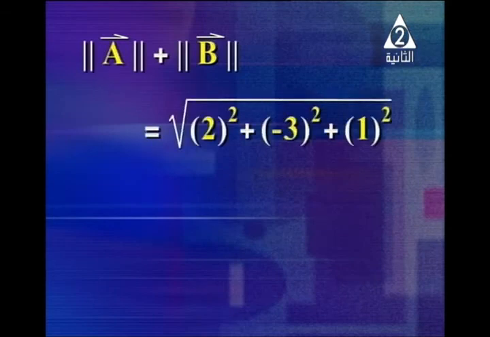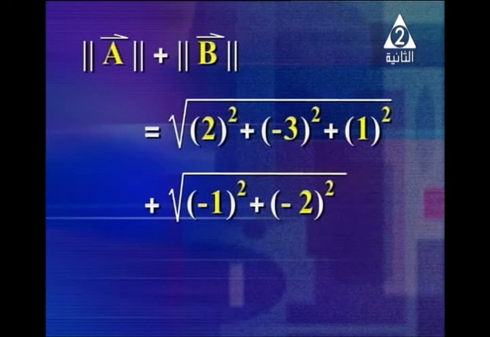Norm A vector plus norm B vector. The norm of A vector means the square root of the squares of each component of A. Also the norm of B vector equals the square root of the squares of each component of B. Then square root of 2 square plus negative 3 square plus 1 square, plus the norm of B equals square root of negative 1 square plus negative 2 square.